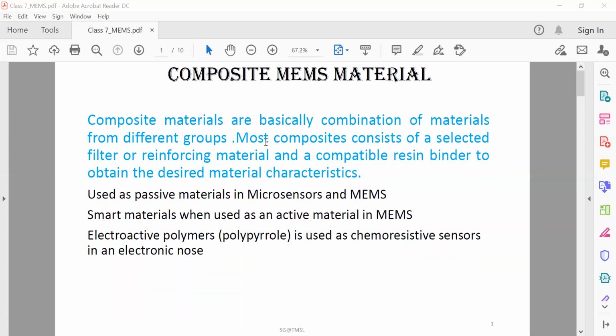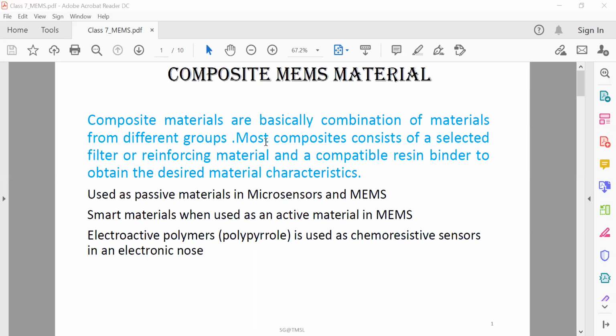A lot of research is going on in composite materials to achieve specific properties. You can combine metal with ceramic, or polymer, ceramic and metal. Sometimes semiconductor materials are also used to make composites with unique properties or applications.